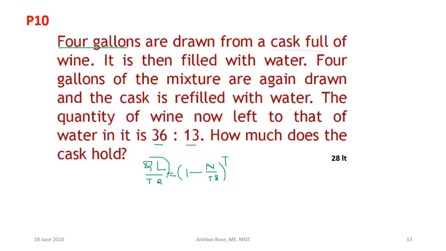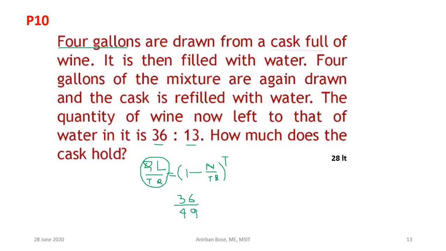Now in this particular problem, what is the quantity left by the total quantity? Let us solve it by wine. So that is 36 divided by 36 plus 13. 36 plus 13 is 49.